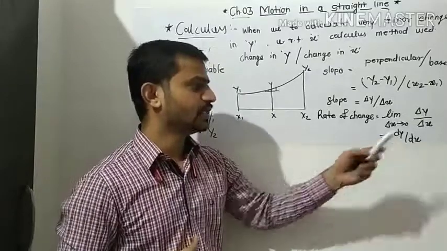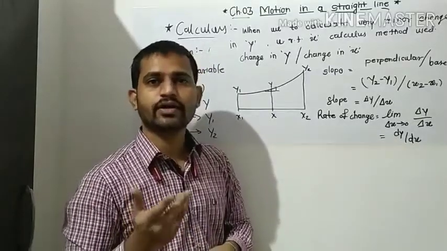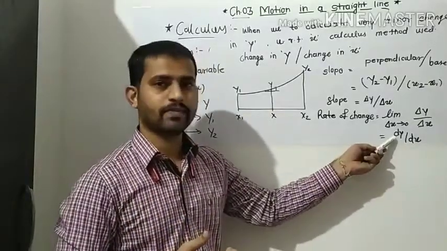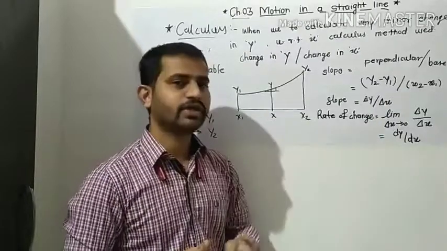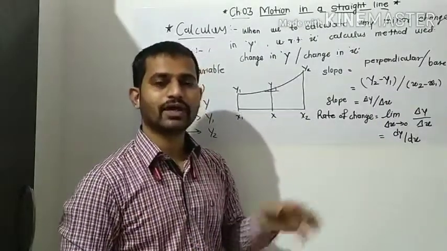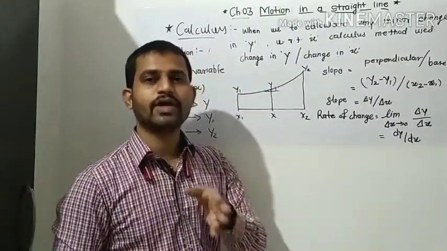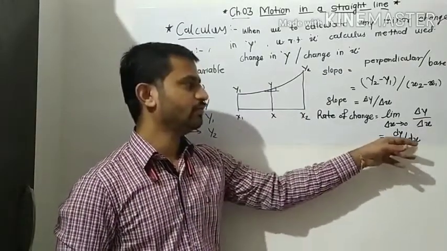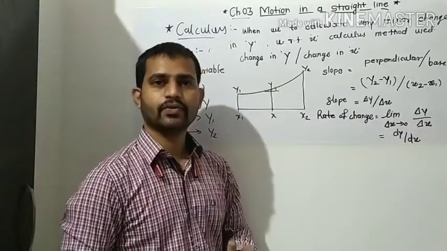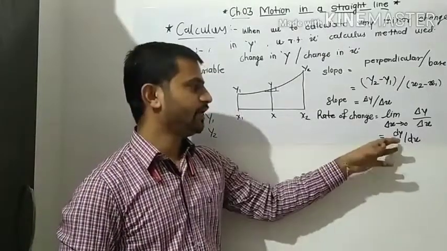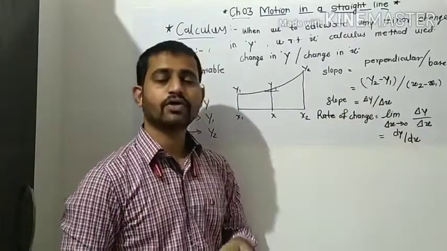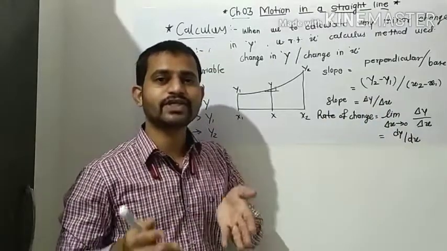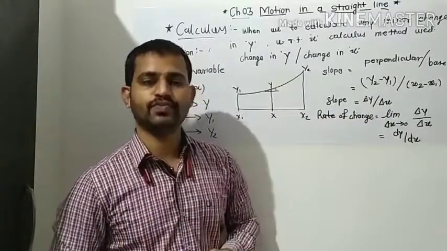It is x, and the physical quantity we are calculating is y. So dy by dx will give us the rate of change, or we can call it the derivative of y with respect to x, or the differentiation of y with respect to x.